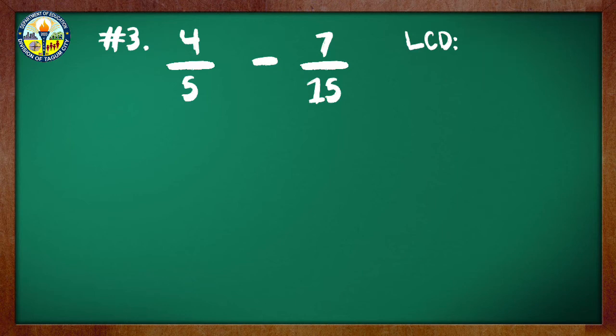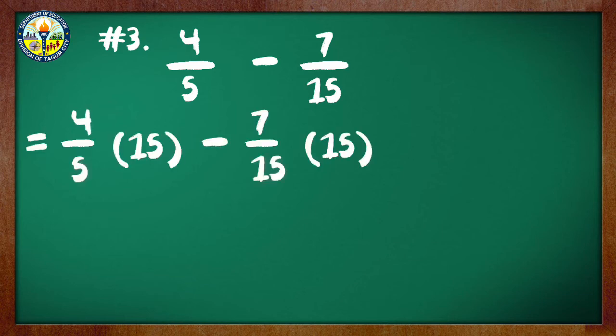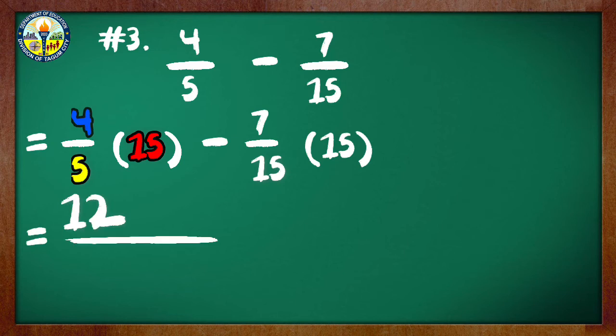4 over 5 minus 7 over 15 is equal to, divide the LCD by the denominator, so 15 divided by 5 is equal to 3. Multiply the answer by the numerator, so 3 times 4 is 12. Write 12 as a partial numerator of the answer.